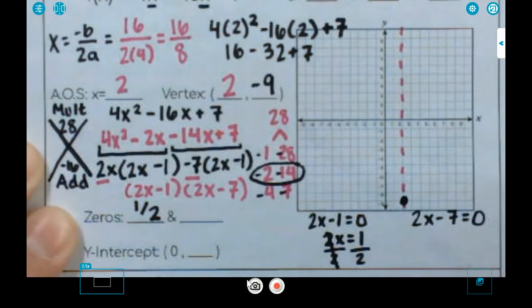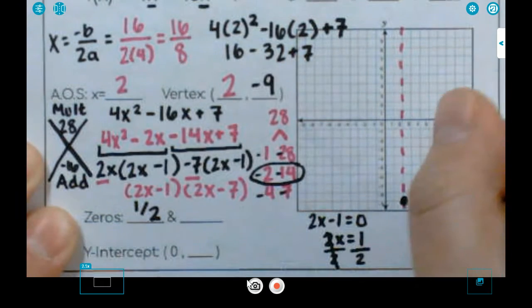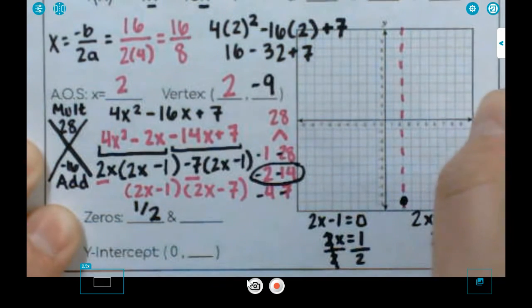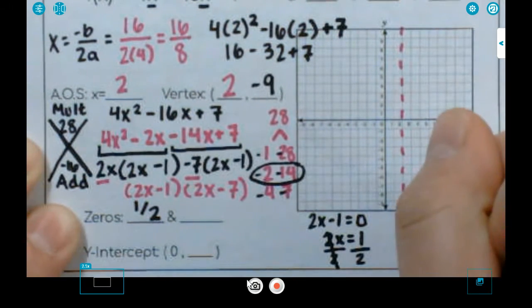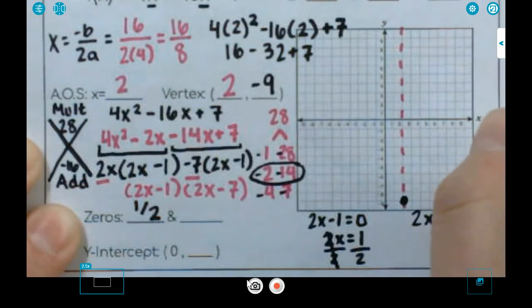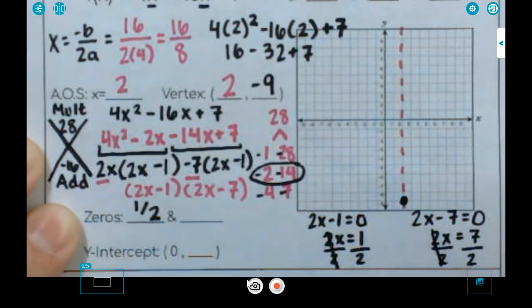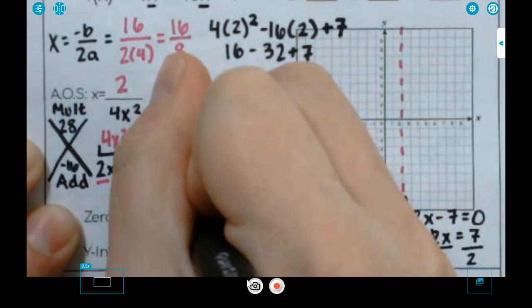For this one, I would add 7 to both sides, so I would get 2x equals 7. And I would divide by 2 here as well. So I would get x equals 7/2.